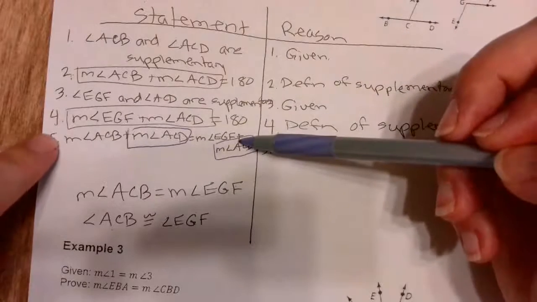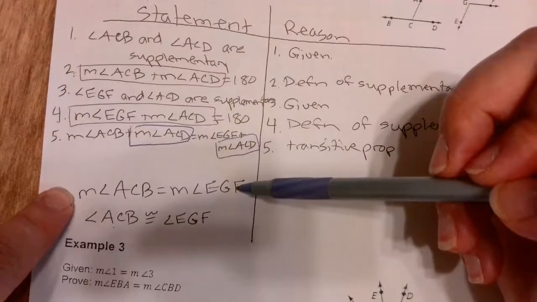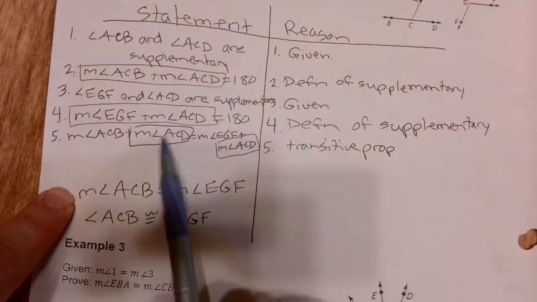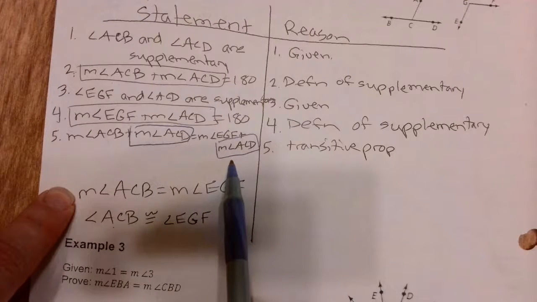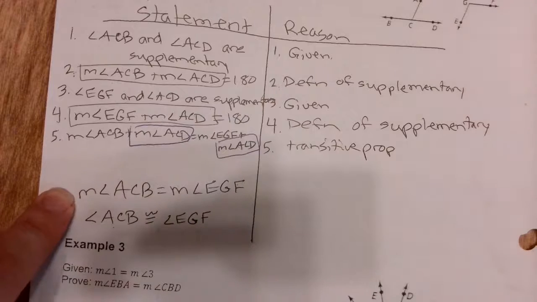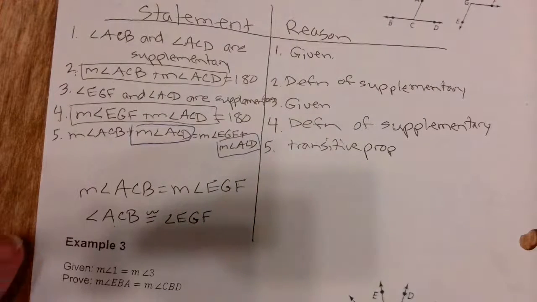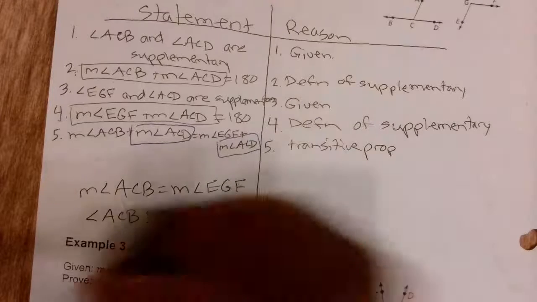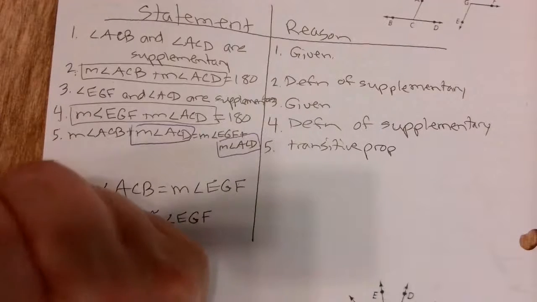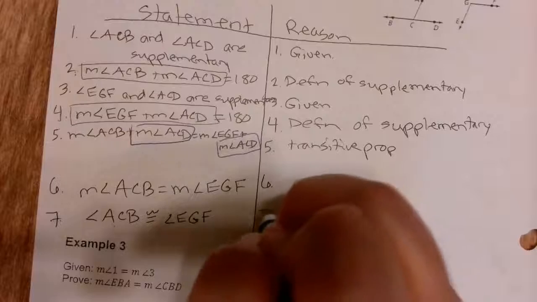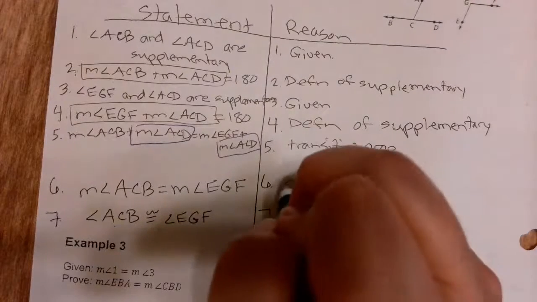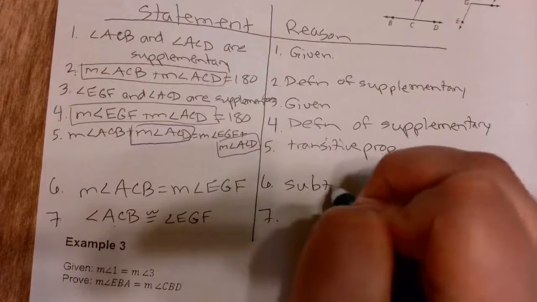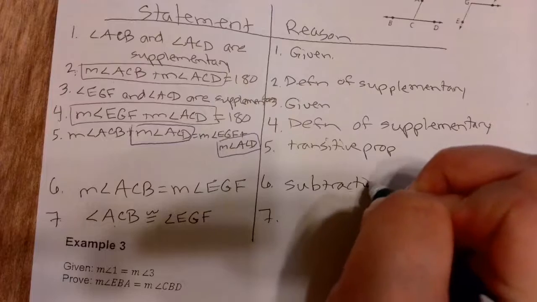So between here and here, what changed was that these purple boxes disappeared. They went away. Well, that can be done in one step because they're the same. What happened? How did we get rid of it from both sides? Subtraction property. We subtracted it.